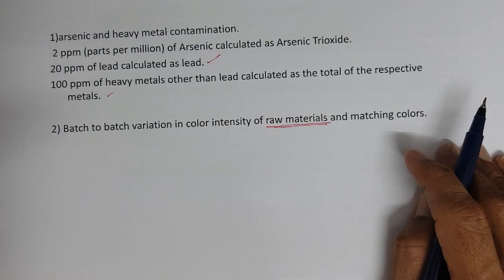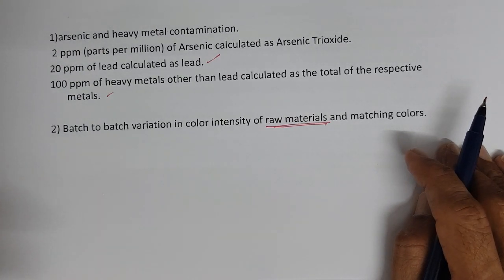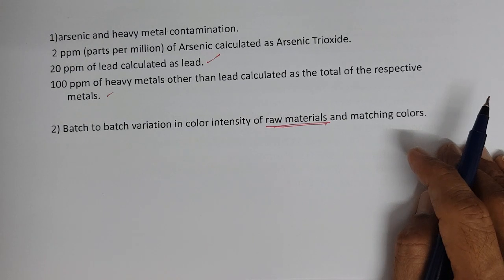As soon as a fresh batch of colors is received, you have to do a sample batch of the product and match the colors till the batch is used. And if some alteration has to be done in the color dosage to match the controlled color, you have to do that, right?